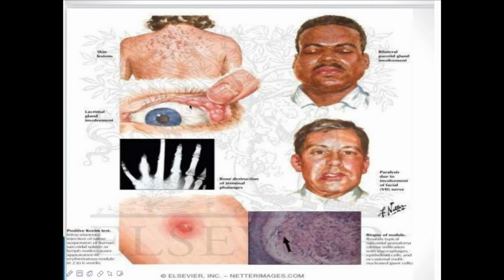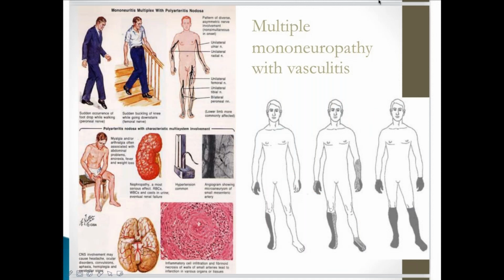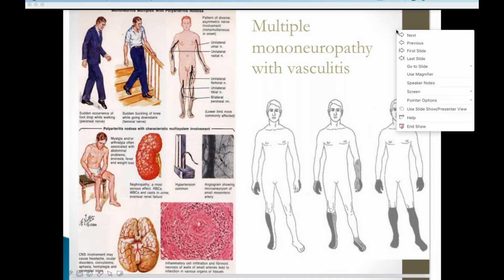Look at the lacrimal glands, they appear enlarged. So, node and you get a granuloma. So I think the answer is very clear. Yeah, sarcoidosis. And you get a positive Kveim test also, although it's not being done nowadays.